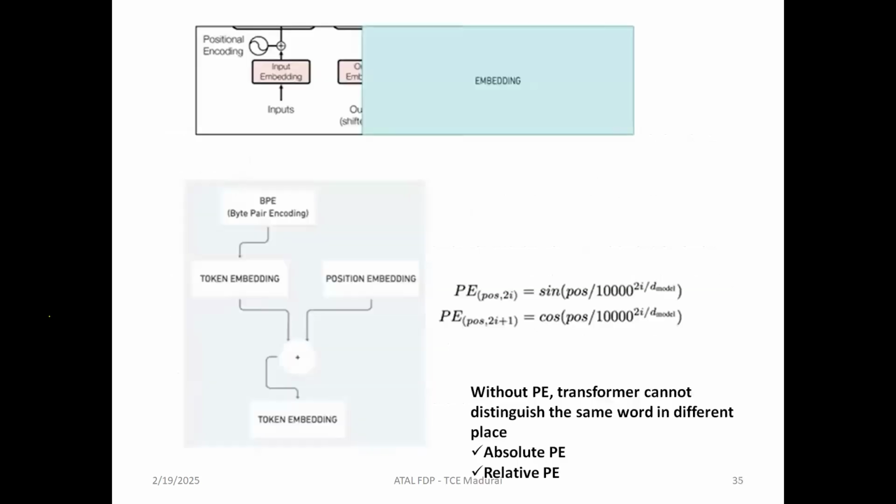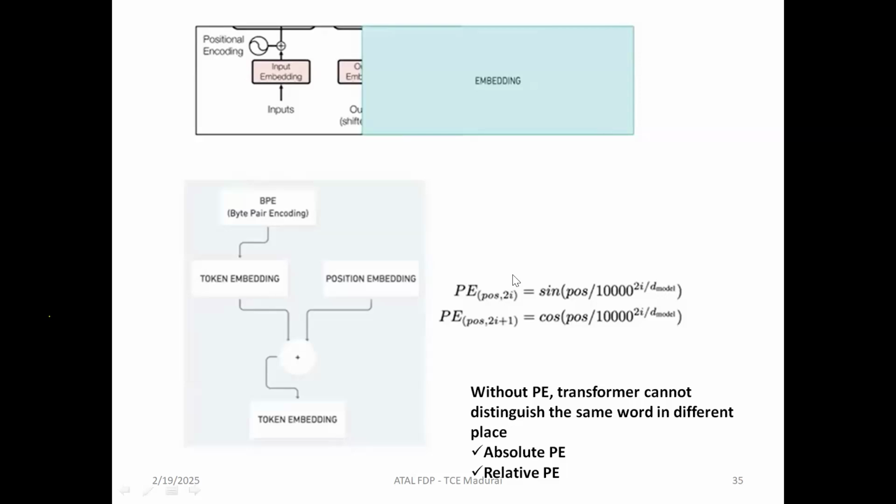Here you see token embedding is there and position embedding is there. Without this positional encoding, the transformer cannot distinguish the same word in different places. For example, if you are defining the word bank, it could mean a money bank or a river bank or anything. In order to differentiate between these two banks, we make use of positional encoding in the transformer.